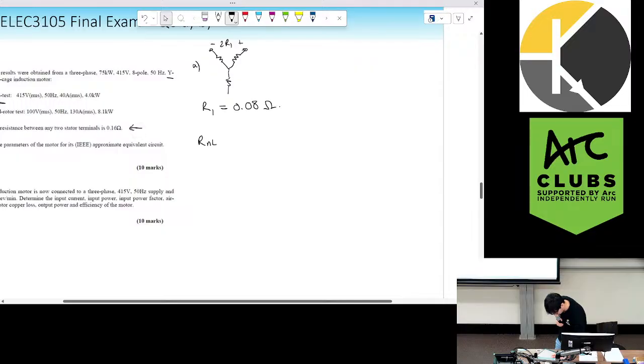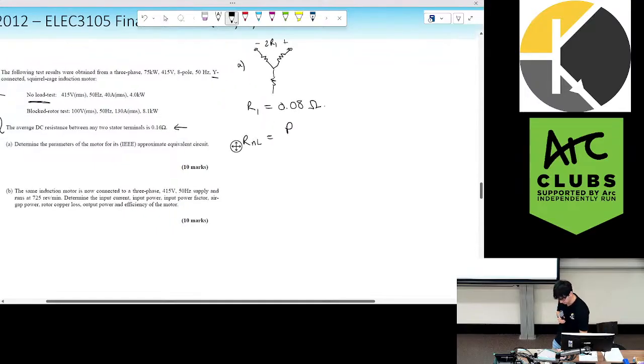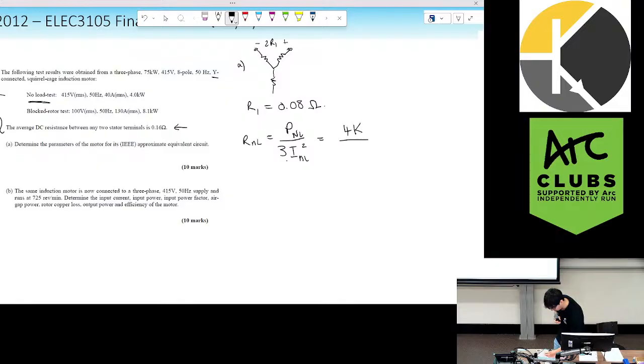R no-load is going to be the power over 3 I no-load squared. So this is 4k over 3 times 40 squared. And this gives us a value of 0.8333 ohms. Next, I'm going to find Z no-load, which is simply the magnitudes of the voltage and the current.